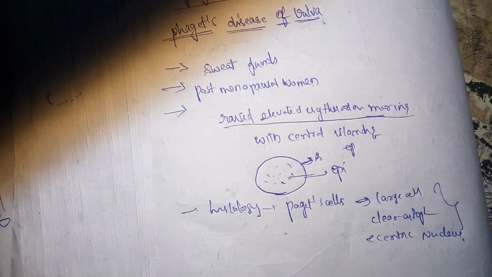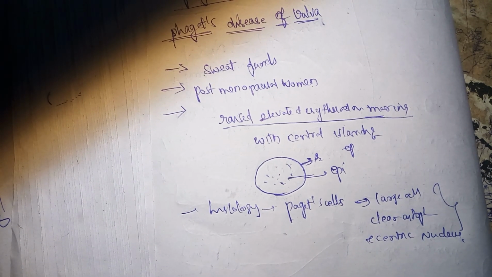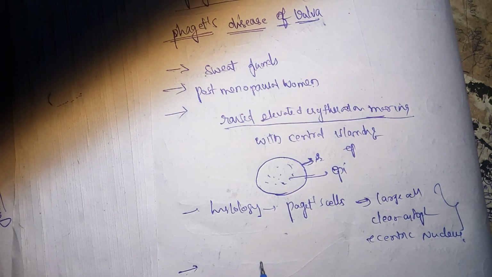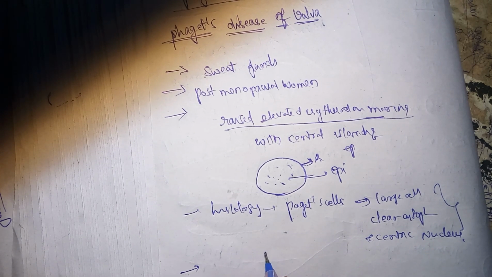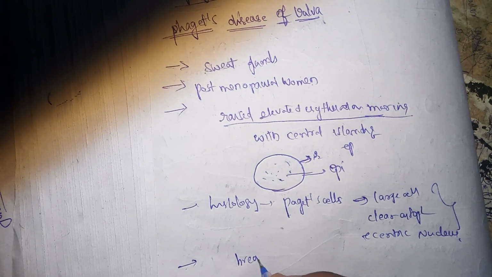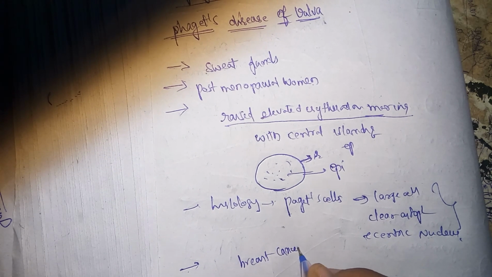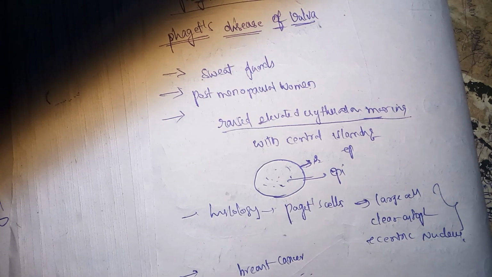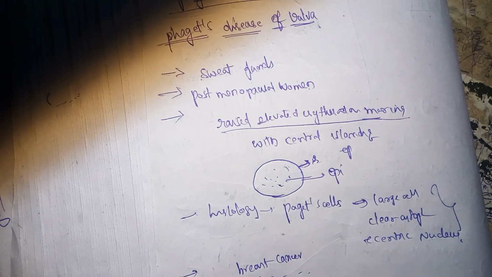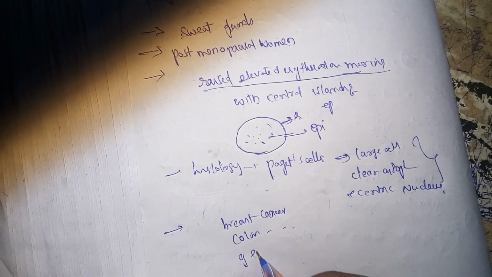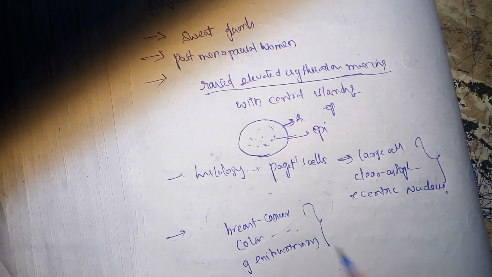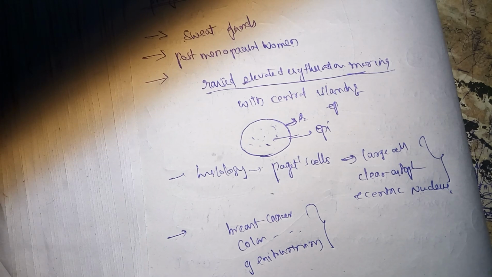Most of the time, people with Paget disease will also have some other neoplasias, like breast cancer, colon cancer, genitourinary cancer. So these get associated with Paget disease.